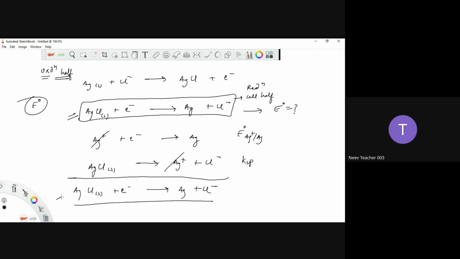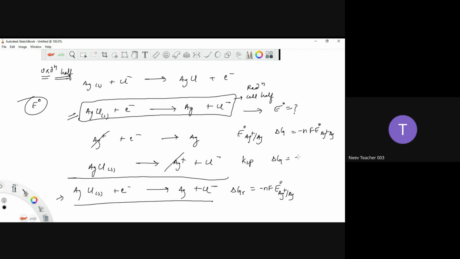Now, in order to find the E naught of this, we will use del G of this reaction. That will be minus NF E naught of Ag plus to Ag. And what will be the del G naught of the solubility reaction?